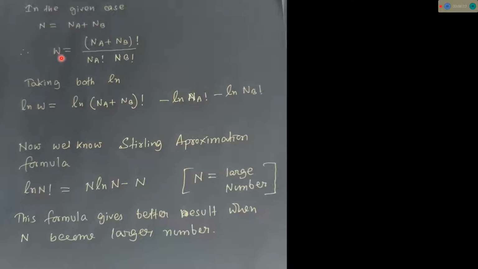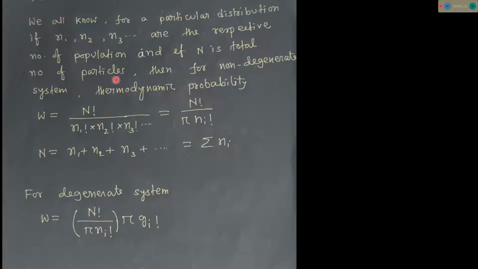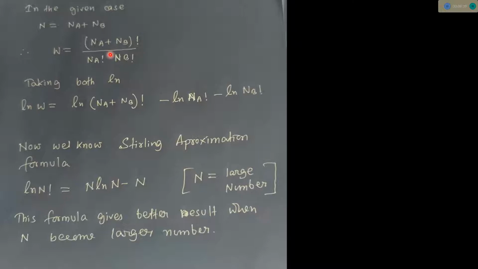We can write W, the thermodynamic probability or most probable distribution, as N factorial by the product of ni factorial. Since there are two types of particles present, we can write W equal to (Na plus Nb) factorial upon Na factorial into Nb factorial.